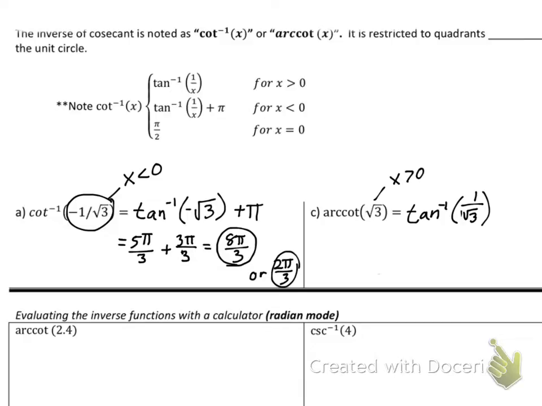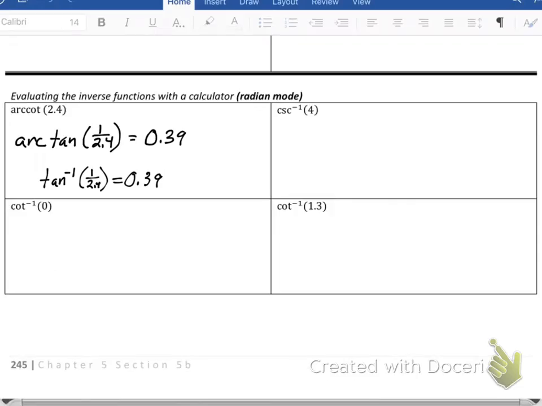Which we would note isn't on my unit circle, so I would have to multiply the bottom and top by square root of 3, which would give me square root of 3 over 3, and that would actually equal pi over 6, because that would be our first tick on our unit circle. There, that should be a lot better. And going back to this, we should have come up with 0.39.